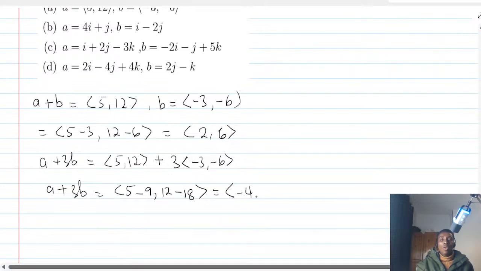Minus 4, and 12 minus 18 is minus 6. Okay. So these are just basics of vectors.